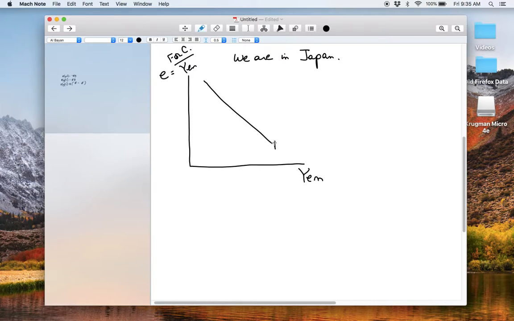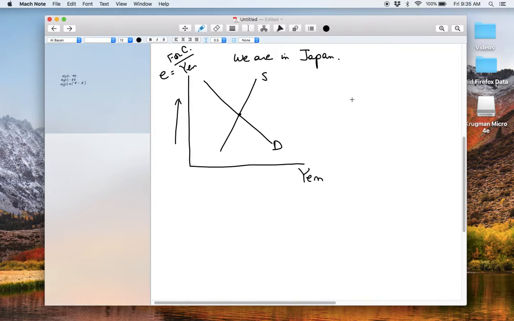So there would be a demand for yen and a supply of yen. Okay, and when the value of the yen increases, that's an appreciation. That means each yen can buy more and more foreign currency. So moving in the upward direction is an appreciation.